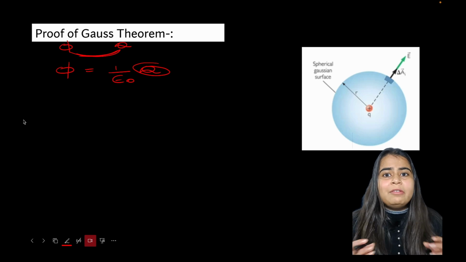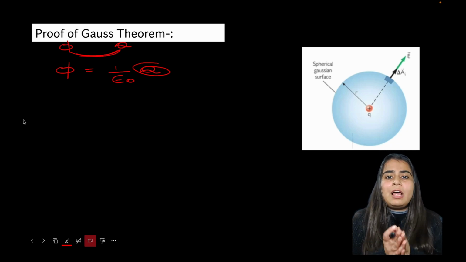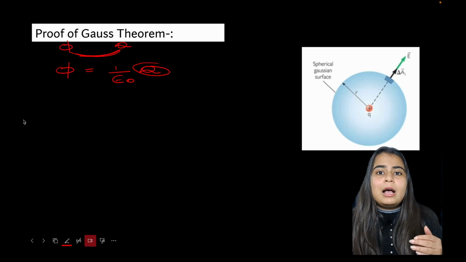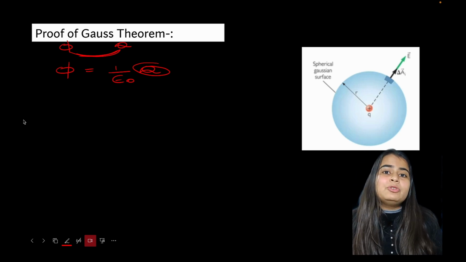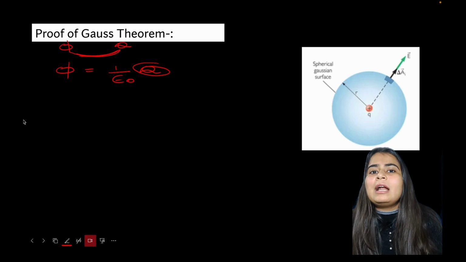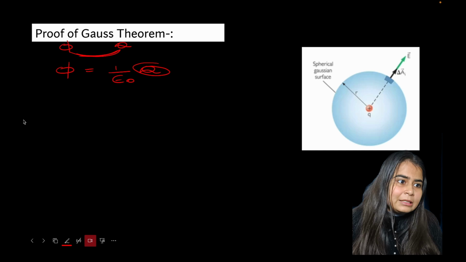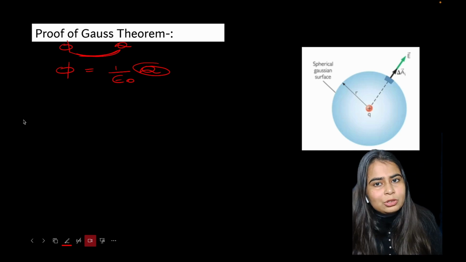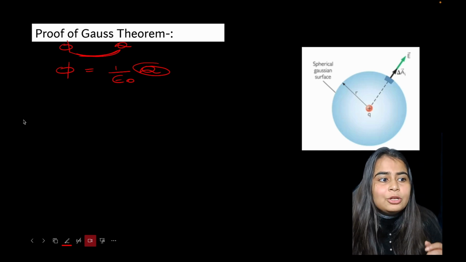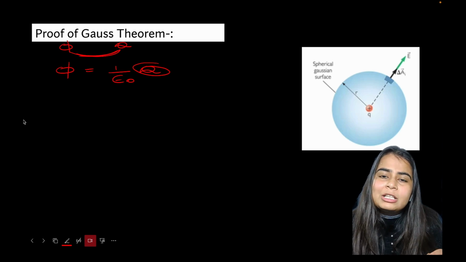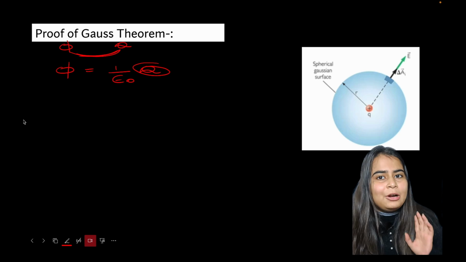So whenever we try to find the flux, we first have to consider a hypothetical surface which will be closed in nature, and that is called the Gaussian surface. According to Gauss theorem, this electric flux will be equal to 1 upon epsilon naught times the total charge enclosed by that Gaussian surface.